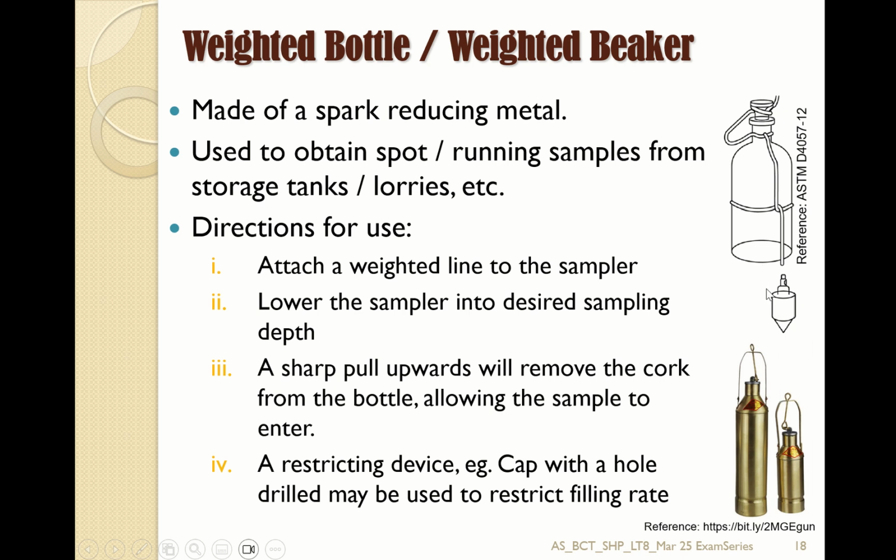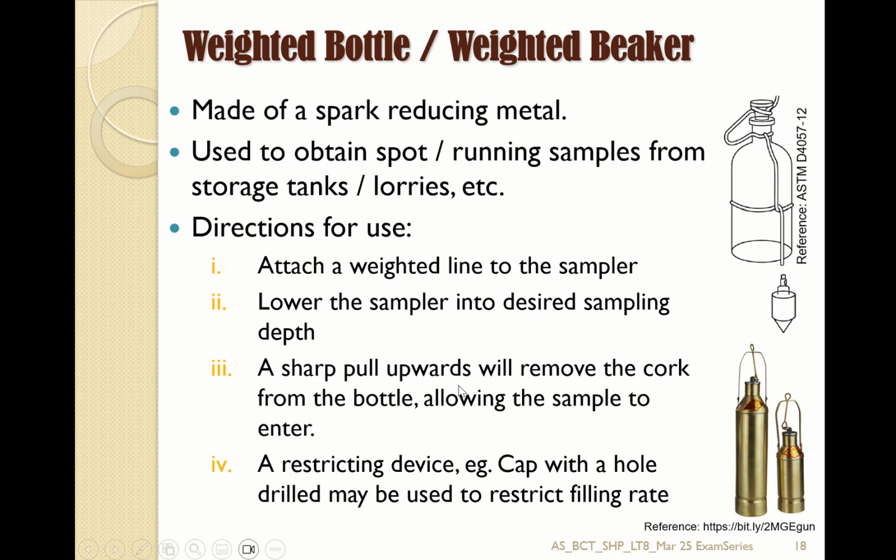If not, it will just float on the surface only. So you need something attached to make it go down the tank. If this metal is like that, it should be spark reducing metal again. So just attach a line again, maybe some string or rope here, and lower, same thing.